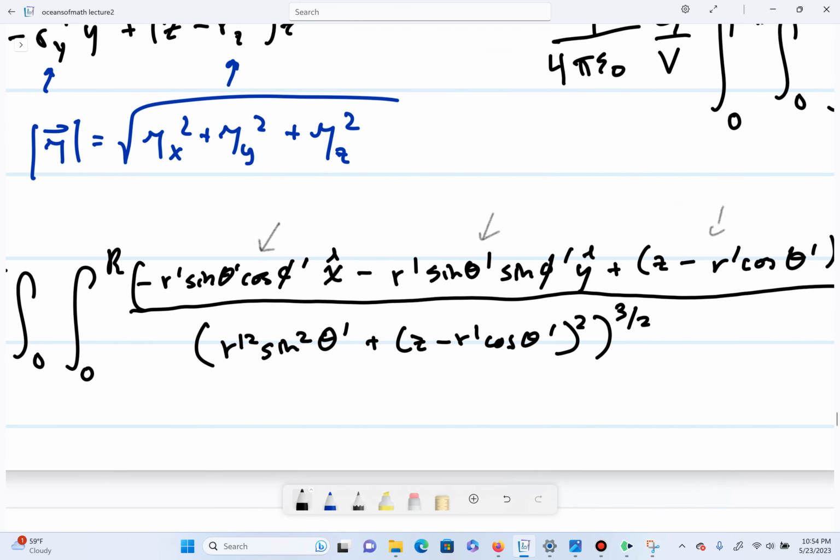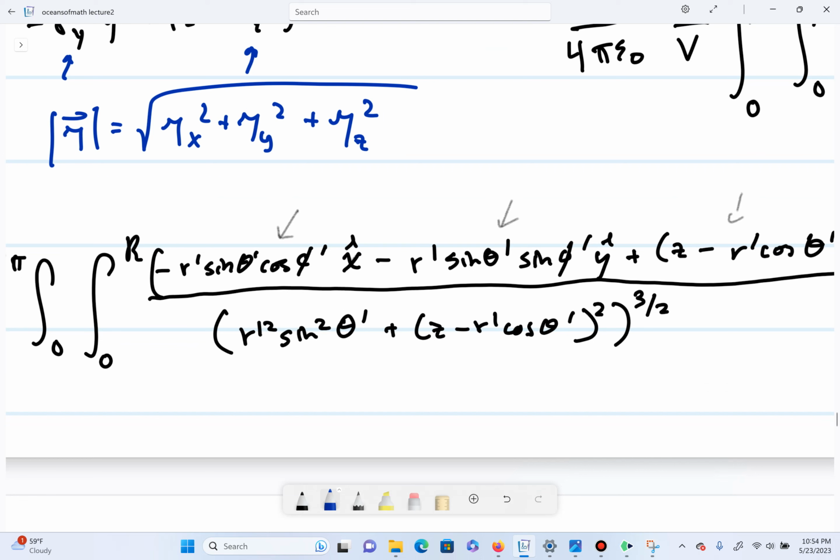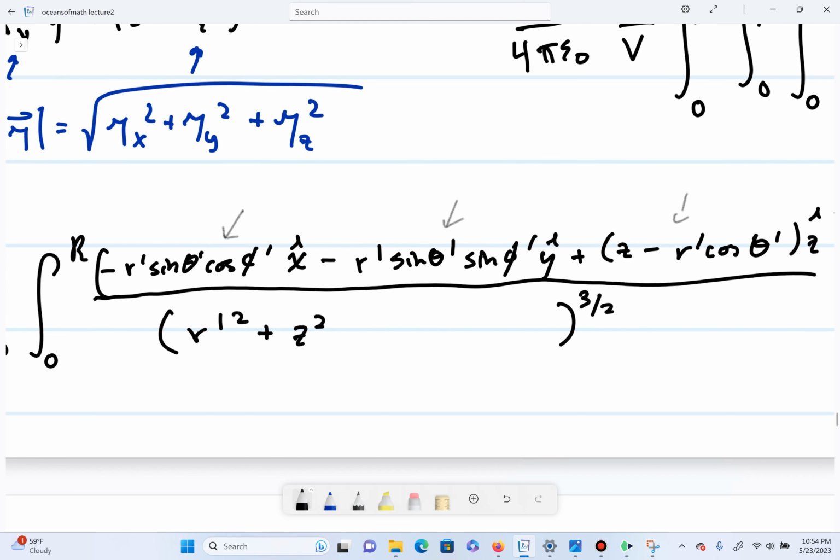Now I can rewrite this bottom term in a bit simpler form, because I recognize that when I FOIL this out here, this (z minus r prime cosine theta prime) squared, I'm going to have a nice cancellation, where I can combine the r prime squared cosine squared theta prime with r prime squared sine squared theta prime, leaving me with a final form here of r prime squared plus z squared minus 2 r prime z cosine theta prime.